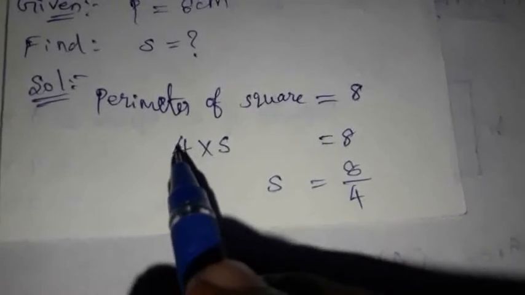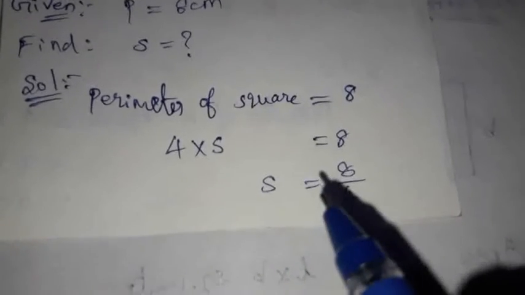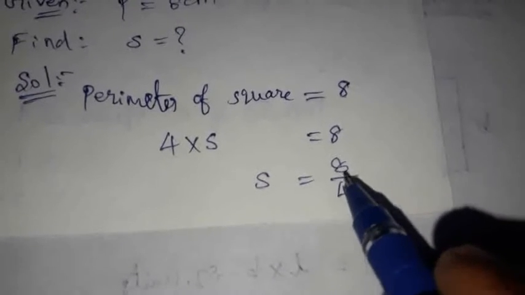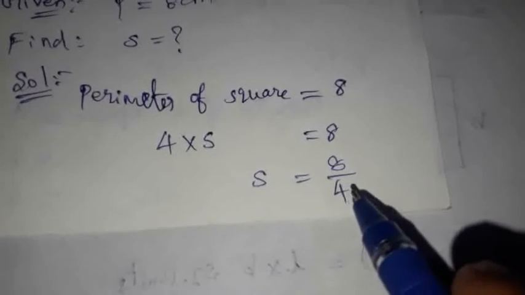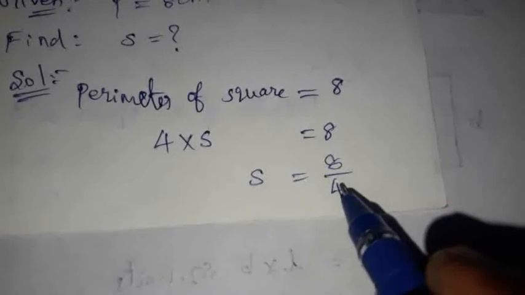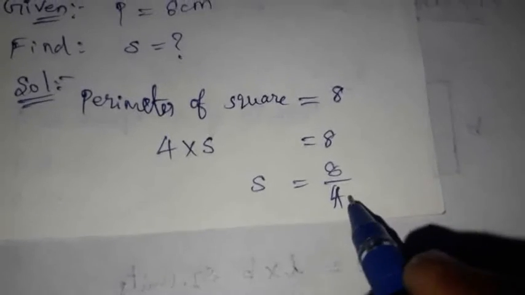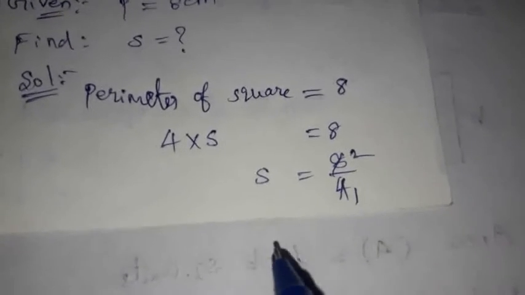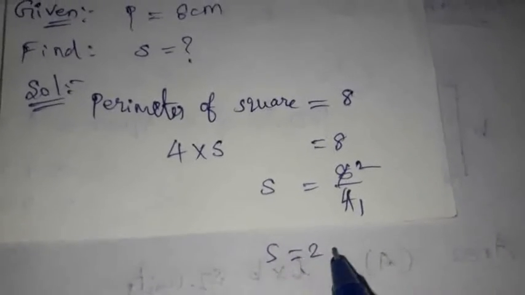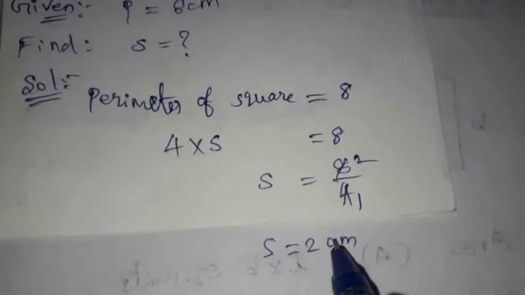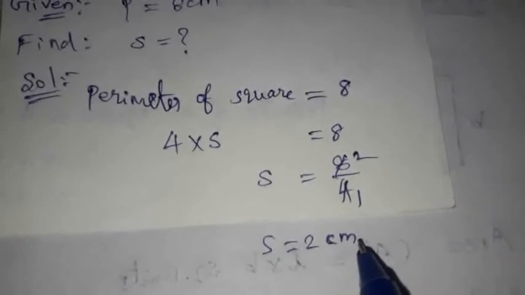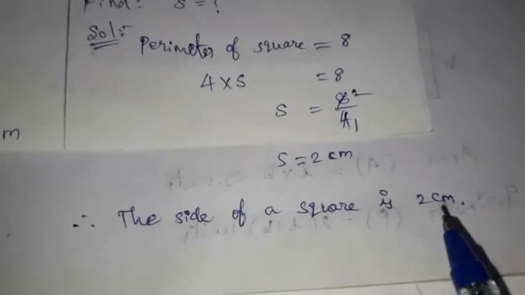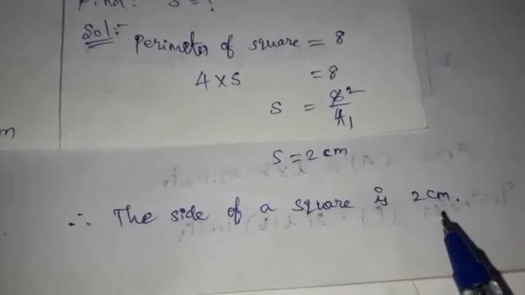The 4 will become division when we transpose it to the right hand side. Next we are going to divide this by any table if it is possible. Now I am going to use fourth table. 1 4 is 4, 2 4s are 8. So S equal to 2 centimeter. The side is 2 centimeter. Therefore the side of a square is 2 centimeter. This is the answer for this question.